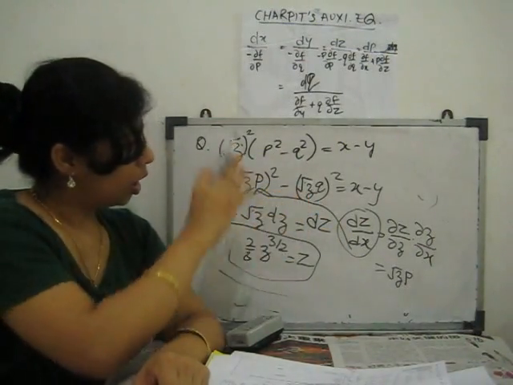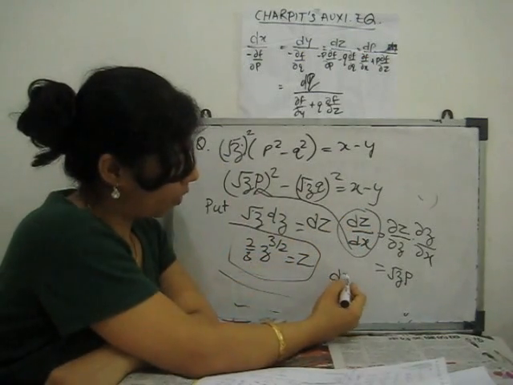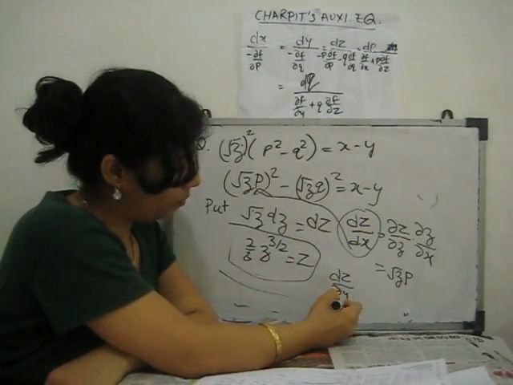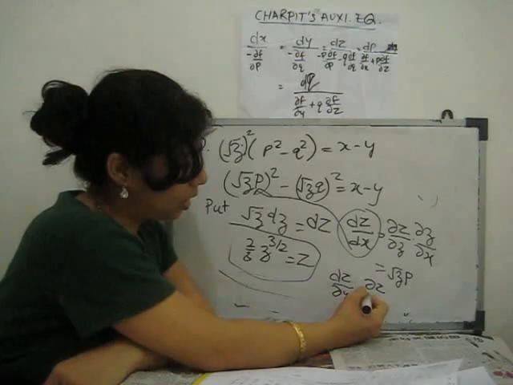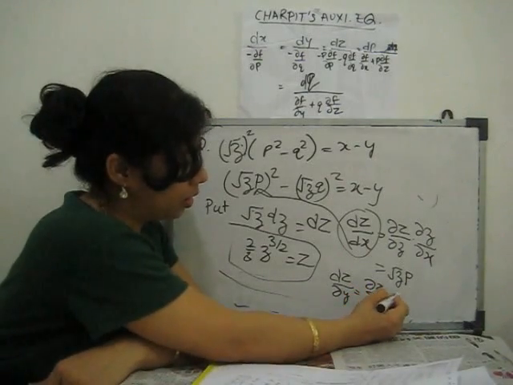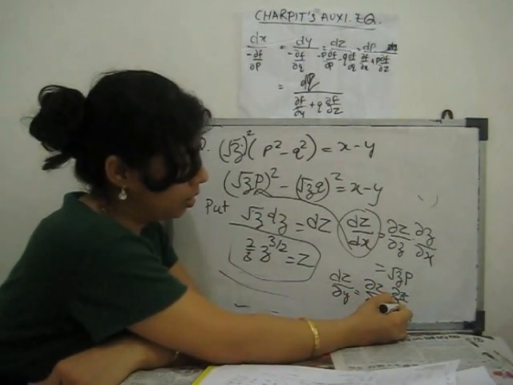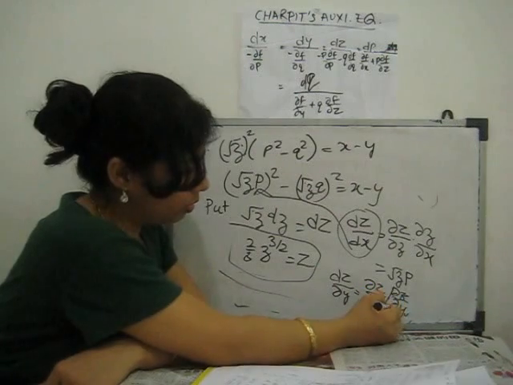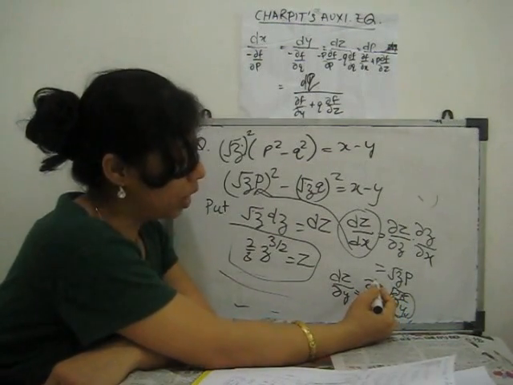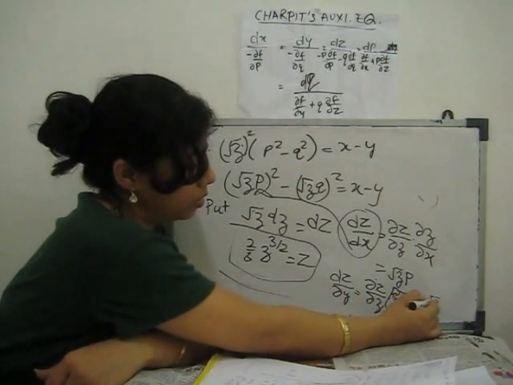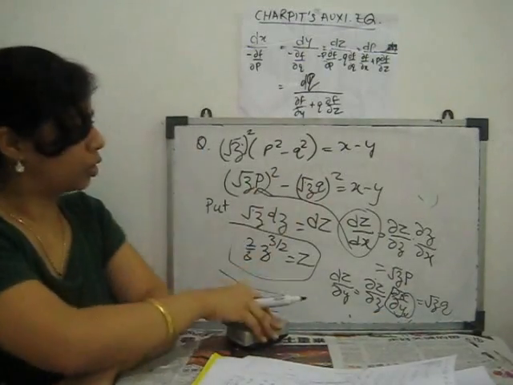Similarly for q, if we want to find del Z by del y, we can say del Z by del z times del z by del y. So this becomes root of z times q. Now substitute here.